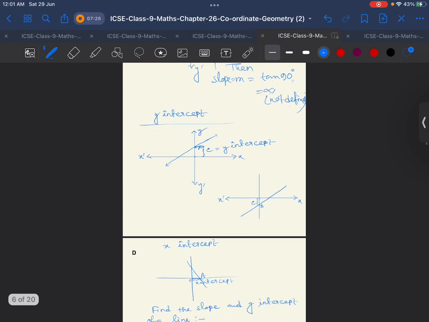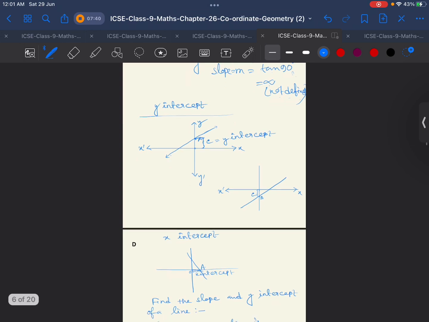Okay. Now we read y-intercept. So what is intercept? You see, if a line meets the y-axis at a point, here this is a line which meets the y-axis at a point, this is point A. Here the distance from the origin to this point is called y-intercept.